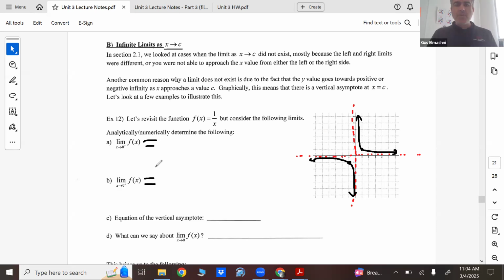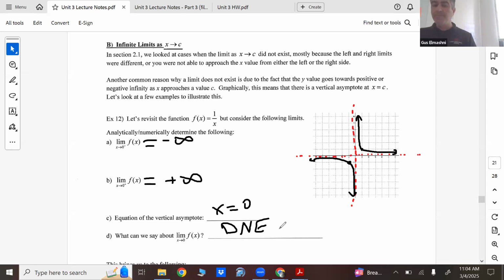So if x is approaching 0 from the left side, it's negative infinity. From the right side it's positive infinity. When this happens at x equals 0, we say the limit does not exist. So we're okay with that so far? That all makes sense?